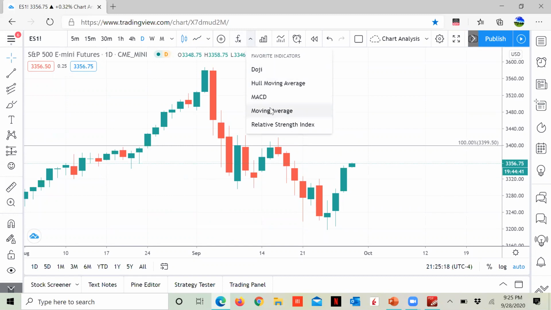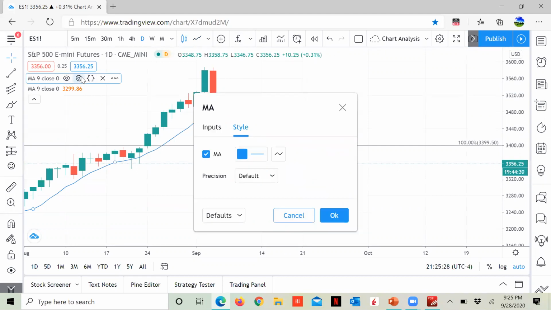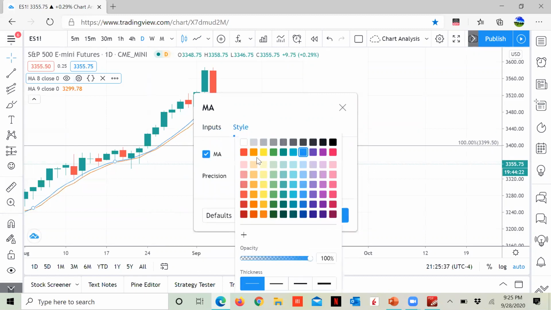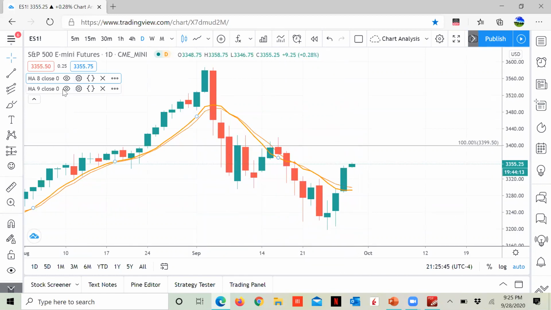So let me go to the moving average. I started one moving average. Let me do another moving average. So I go back here in the settings. The default is 9. Go to the inputs, make it 8. Making this orange, so the 8 days orange.